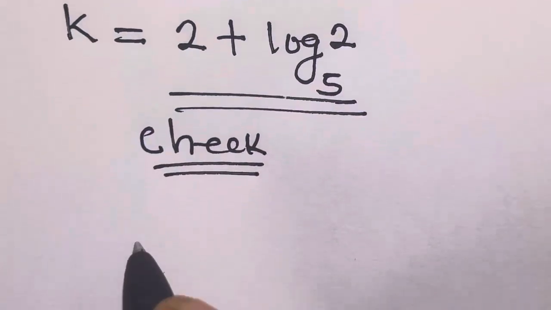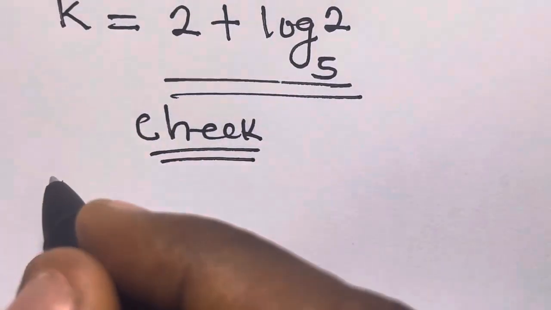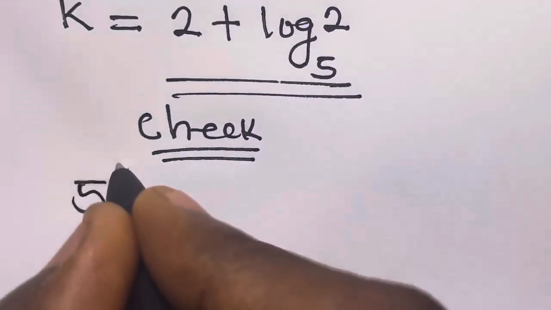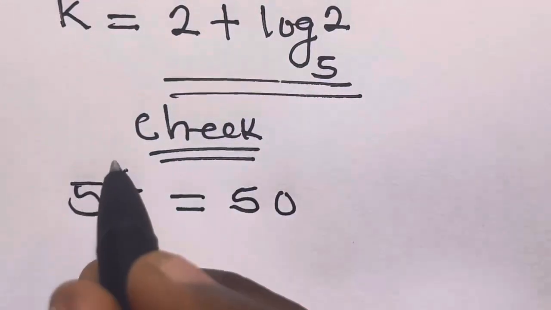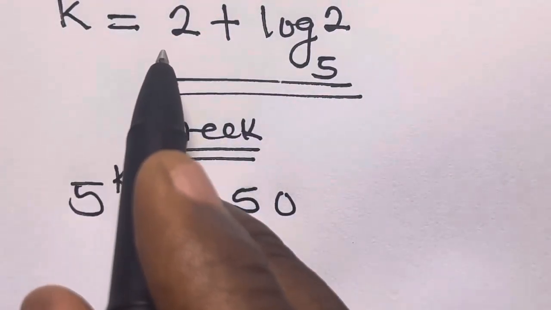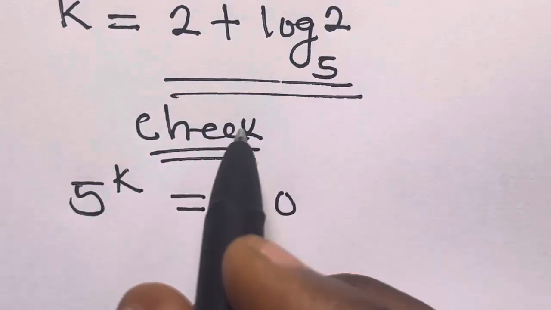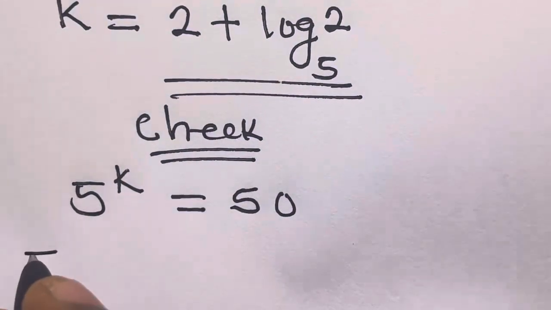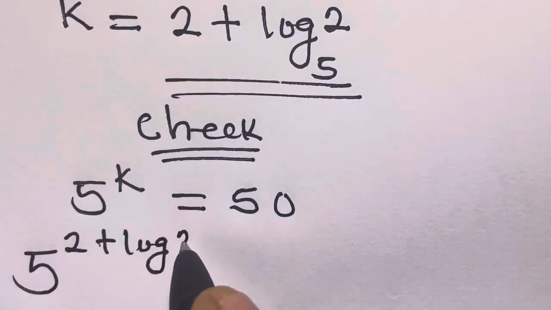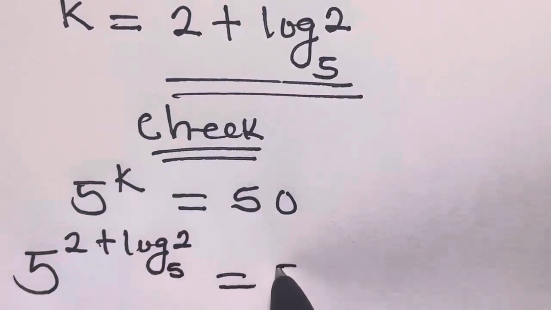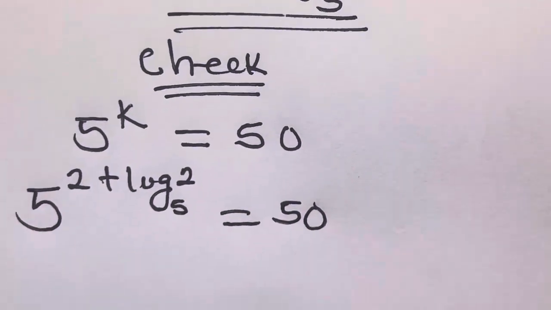So let's move on with our check. We have 5 raised to power k equals 50, right? So don't forget k equals 2 plus log 2 in base 5. So we have 5 raised to power 2 plus log 2 in base 5 equals 50, right?